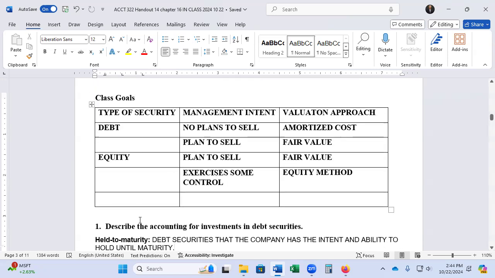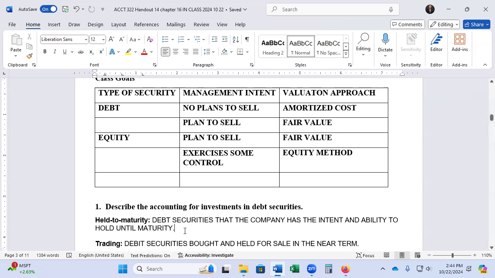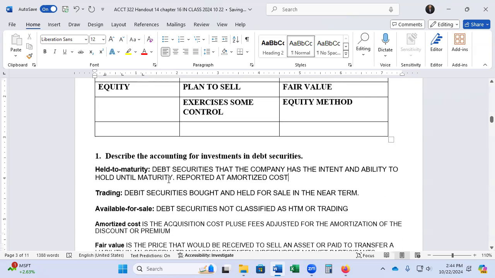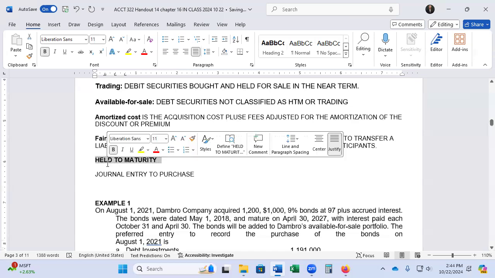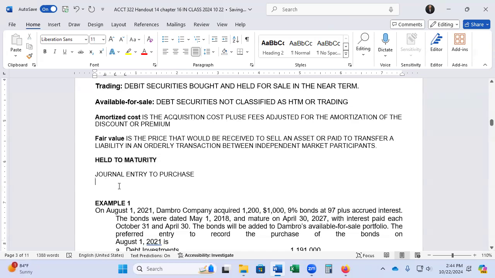And we already made a little note up here that debt securities that are planned to be held to maturity are reported at amortized cost. And then there's one other thing that I wanted to put here, and you can cross that held to maturity out.